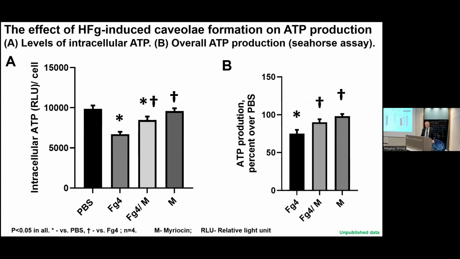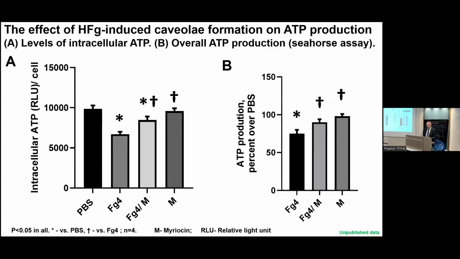Here we tested whether this hyperfibrinogenemia induces caveolar formation of ATP, and yes, it does. So when fibrinogen is binding endothelial cells, we have, as a result, a decrease in ATP. That means ATP has been used.